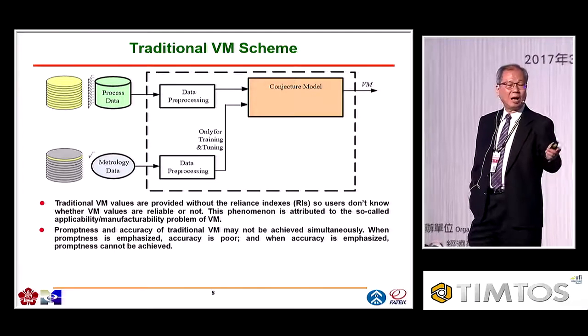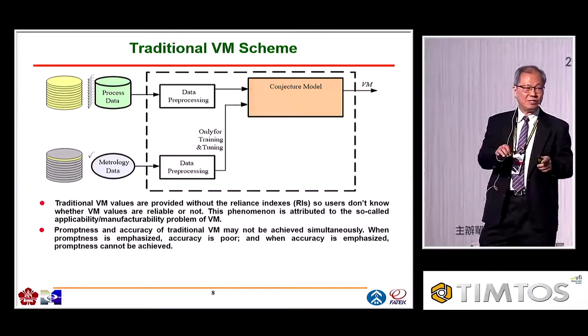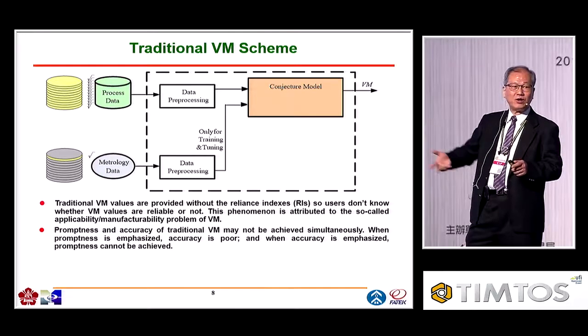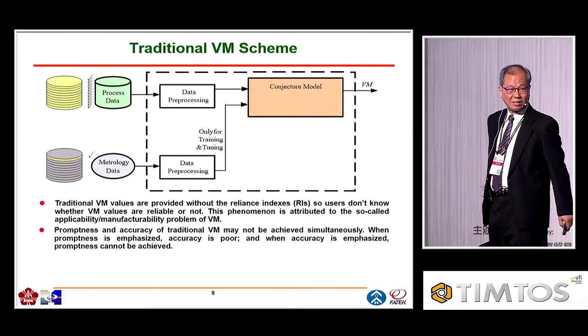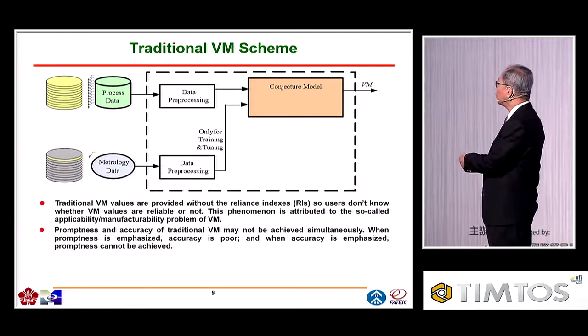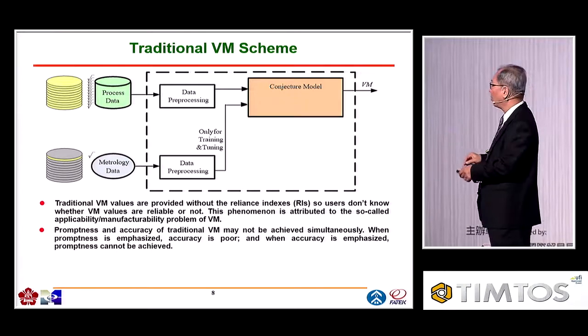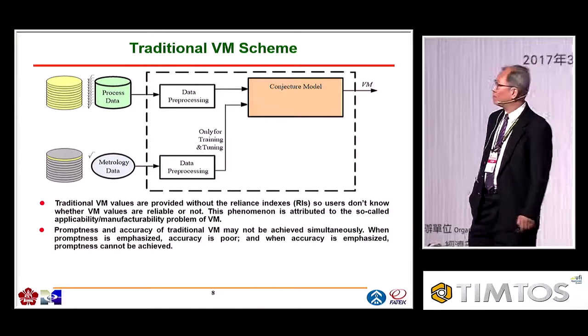But because the equipment itself is a time-varying system, if the equipment state has changed, you need to refresh the model. So this accuracy we need to take care of also. Those two things conflict with each other, and we need to take care of promptness and accuracy simultaneously. This is another big problem too.